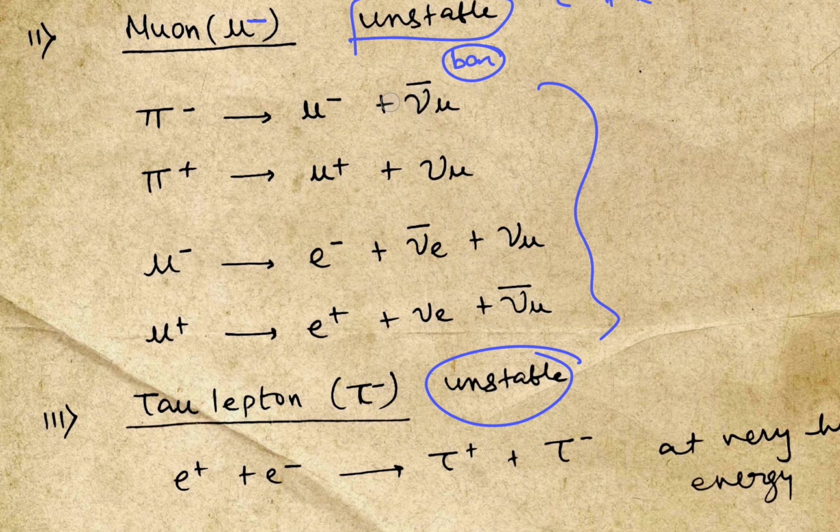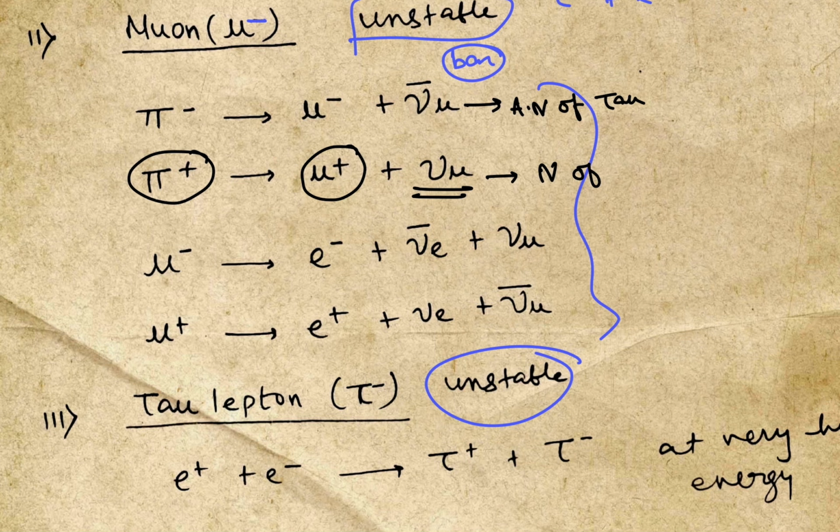Anti-neutrino. That is it. Now the same thing for pi plus. If it is pi plus, then to conserve the charge, here we will have mu plus, and then here we will have a neutrino. So this is the anti-neutrino of the muon, and this is the neutrino of the muon.